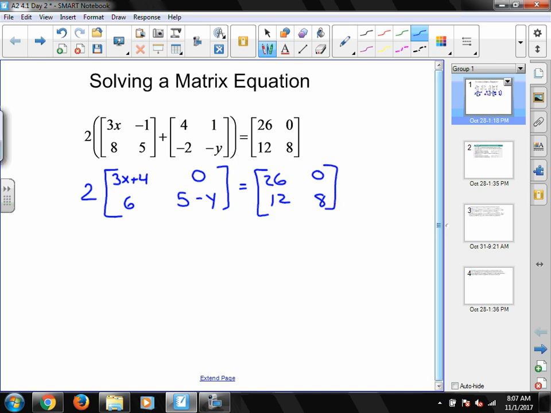Next, we need to multiply by that scalar, so everything gets multiplied by 2. When I look at this 3x plus 4, you almost have to do a distributive property there, so everything there gets multiplied by 2, so you end up with 6x plus 8, and then I move down to my 6 to get a 12. 0 times 2 leaves me with 0, and again I've got to distribute this 2 to the 5 and the y in the bottom right hand corner there, so we're going to get 10 minus 2y.